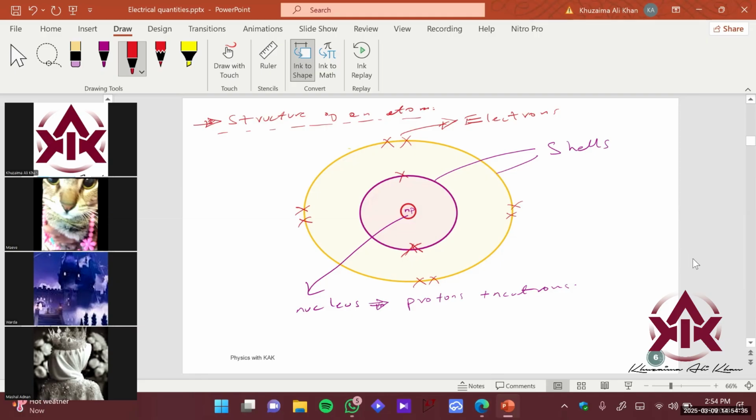We have the structure of an atom. The center part is called the nucleus, which contains protons and neutrons. There are shells surrounding the nucleus, pretty far away from it, and the electrons orbit in those shells.